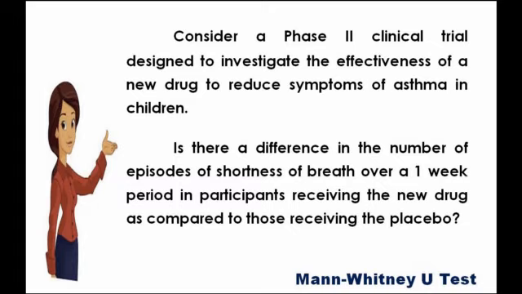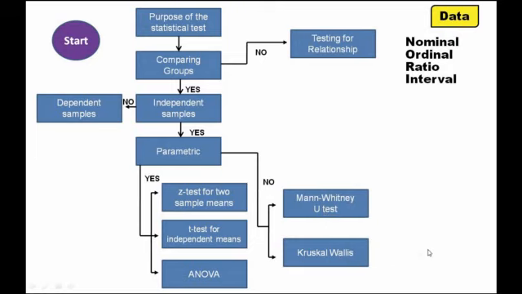Okay. Now we do have two sets of group, under the new drug, and the second one receiving the placebo. Okay. Next, for the Kruskal-Wallis, at least 3 groups.